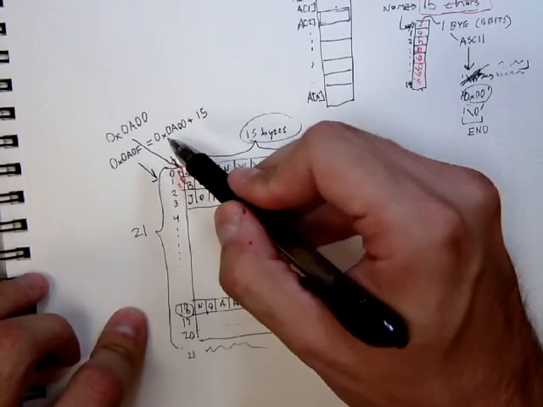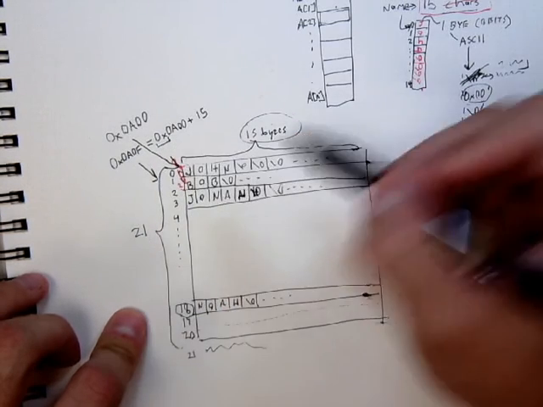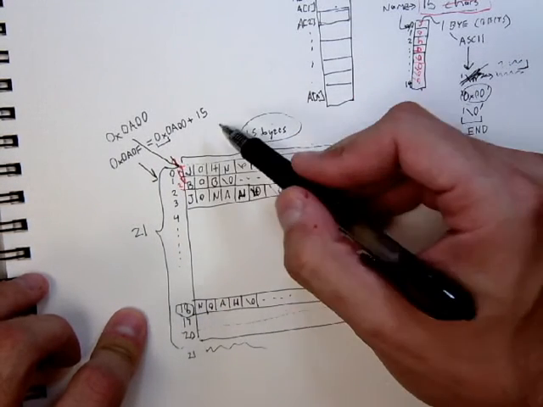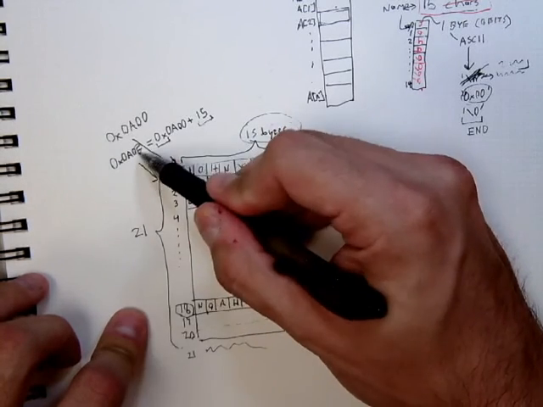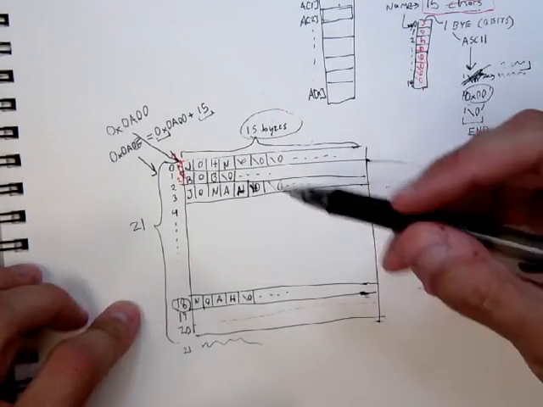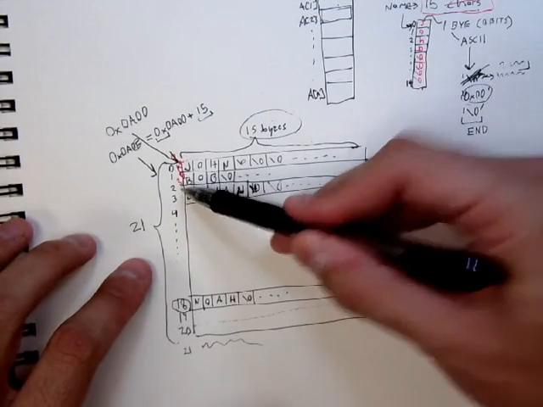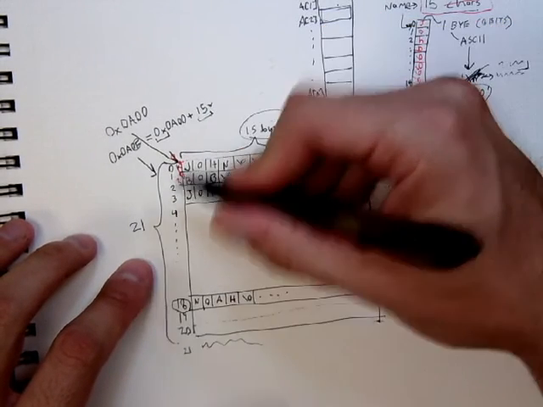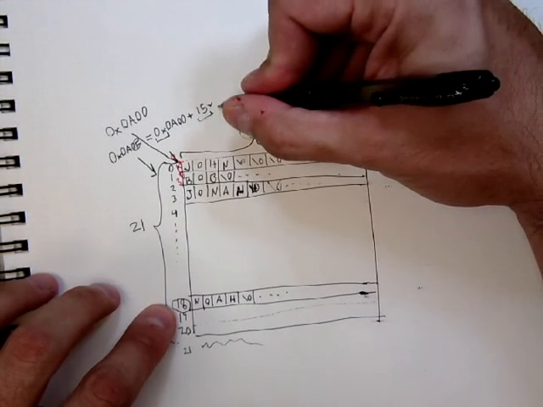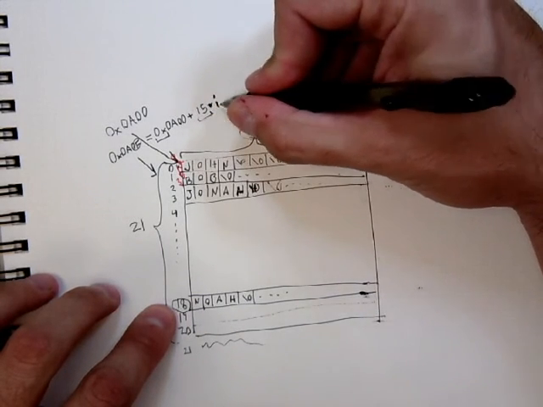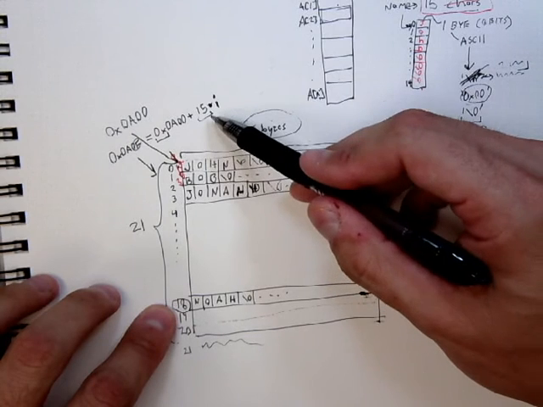The convention here is I put 0x to indicate that's a hexadecimal number, and I just added a decimal number to it. You would have to convert that to hex before adding it. So I would move 15 down to get to the first position. In order to get to the 18th position or any other index, I need to add 15 times i.